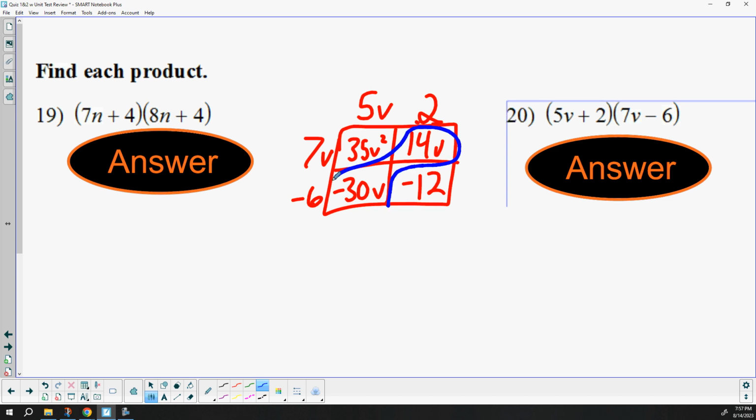Add your peanuts. Oh, that's not going to be a positive. Well, what am I thinking? That would be a negative 16b. Negative 30 plus 14. Remember, you add your peanuts. And then bring down the negative 12. Skadoosh.